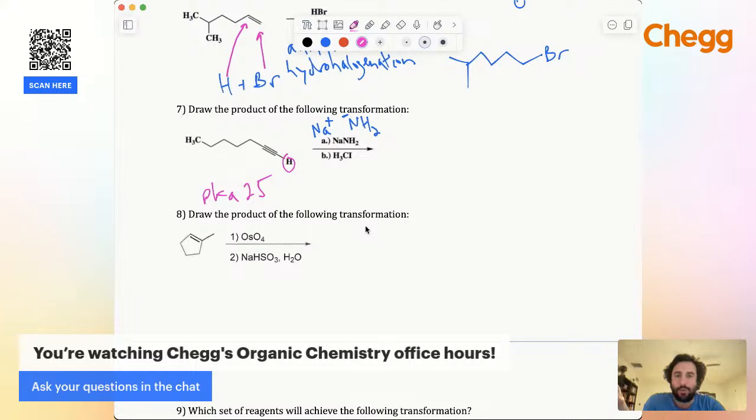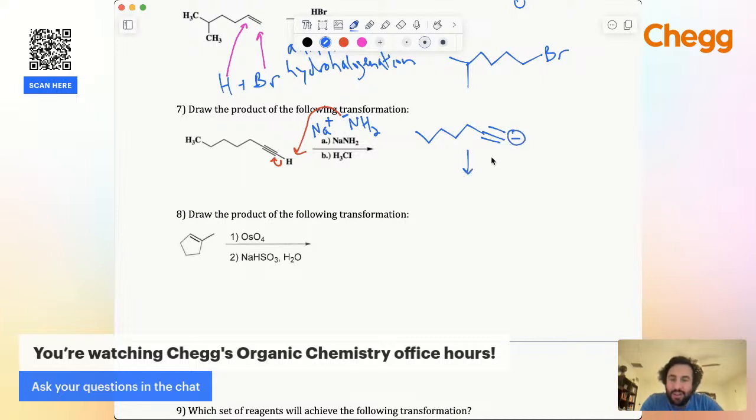We're talking about 9 orders of magnitude, but it is just acidic enough that an exceptionally strong base like NH2- is going to get that proton and leave that negative charge on that terminal carbon. So we have now an alkynyl nucleophile. So here, let's do that. Boom, boom. We have an alkynyl nucleophile.